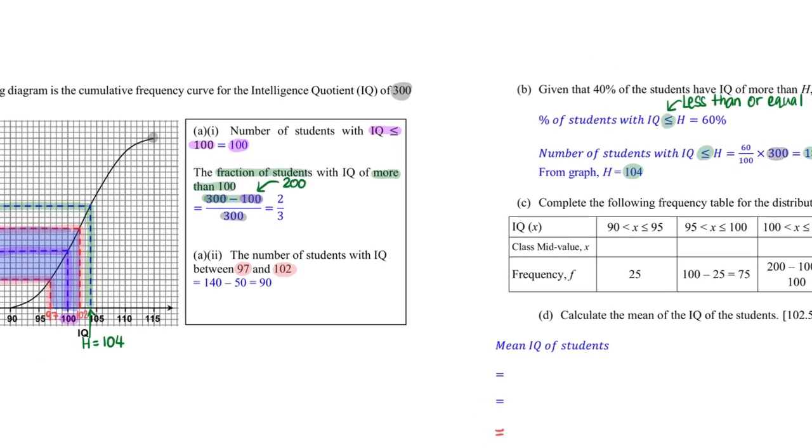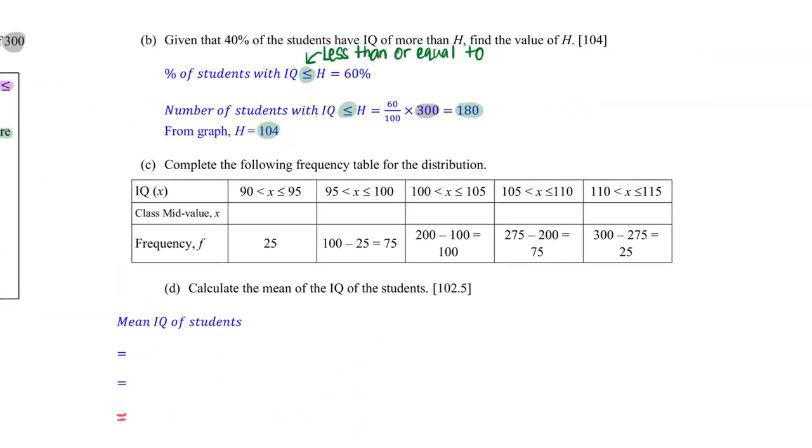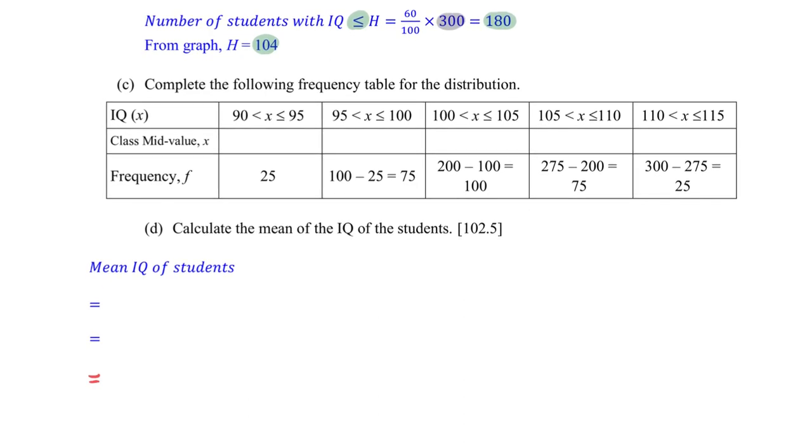Last part, okay? Complete the frequency table for this distribution, and we already got the frequency here. So how then can we calculate the mean of this IQ of all the students?